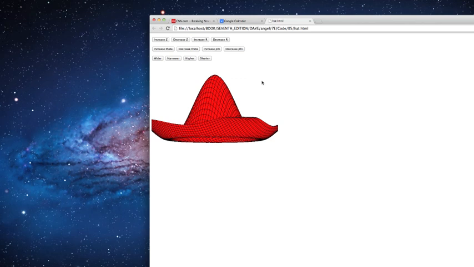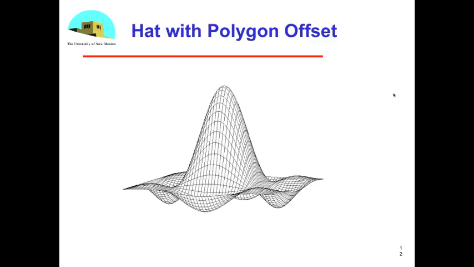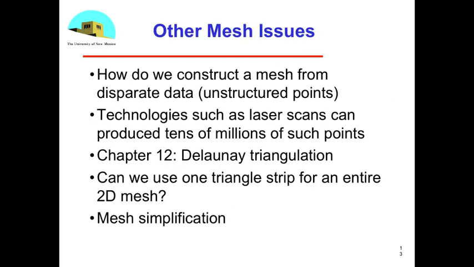So let me finish by making a couple of comments about a little more on mesh issues that we'll consider many of later. One is, what if you have a lot of data, which is point data, and in some sense it's 2.5 dimensional, meaning that for every x and z value, there's exactly one y. This is what you would get, for example, if you did a laser scan.